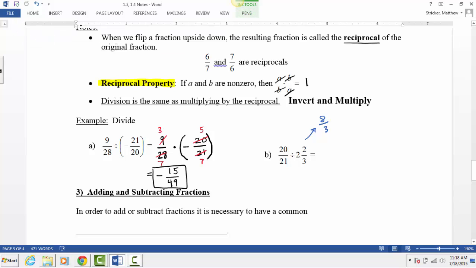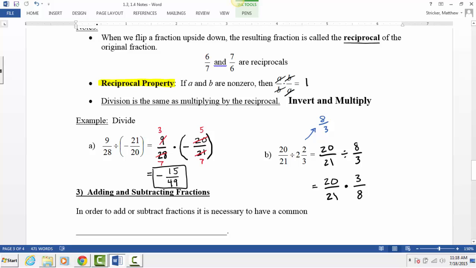So this problem can be rewritten as 20 over 21 divided by 8 over 3. But we don't want to do division, we want to invert and multiply. So we're going to take 20 over 21. We're going to take this divide and turn it into a multiply, and then take the reciprocal of 8 over 3, which is 3 over 8.